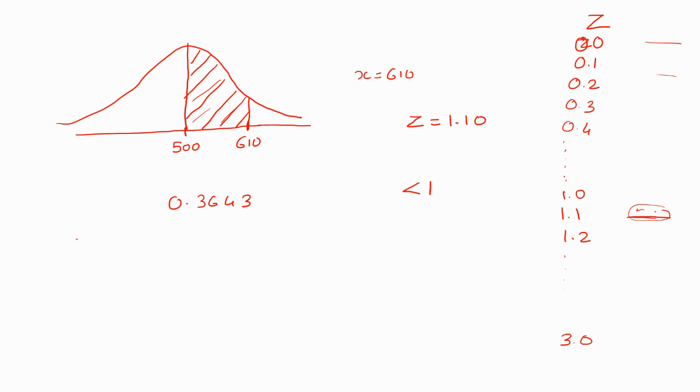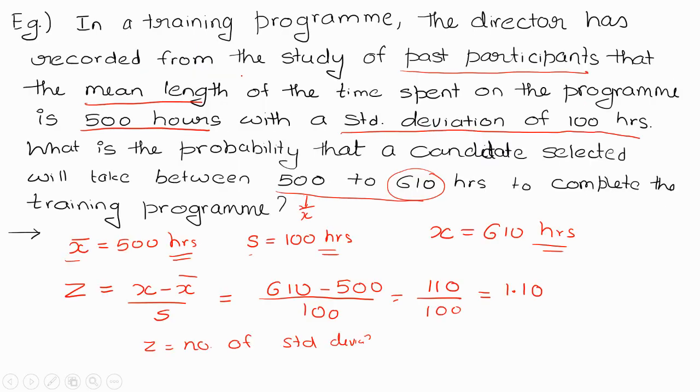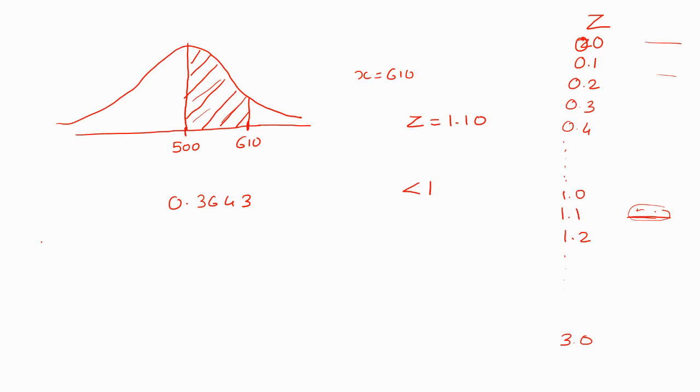Therefore, the probability that a candidate will take a time between 500 to 610 hours to complete the program is 0.3643. Okay, so this is your final answer.